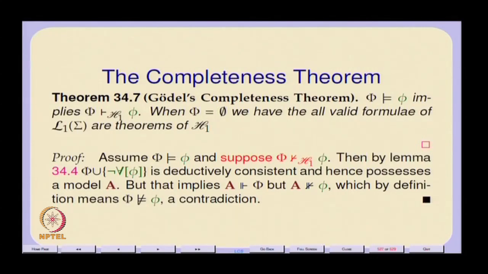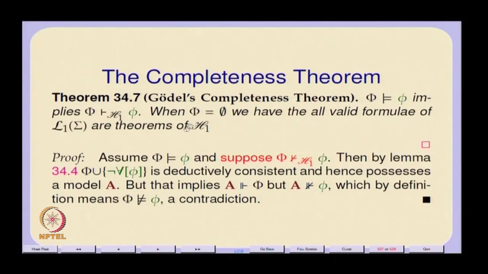Which brings us to Gödel's completeness theorem. This just says that if phi is a logical consequence of capital phi, then phi is provable from capital phi. Of course, since phi might have some free variables, you cannot keep moving it on either side of the turnstile because of the restrictions posed by the deduction theorem, the notion of use of free variables and so on.